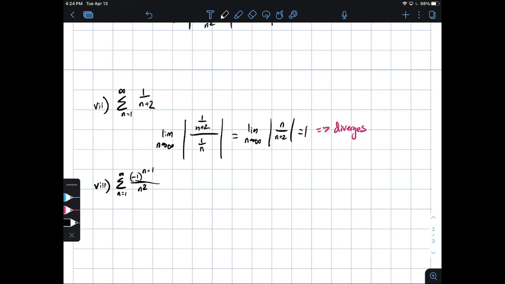And what we can say is that since the summation from n equals 1 to infinity of 1 over n squared converges, this series converges absolutely. And that is that. That one's really simple.